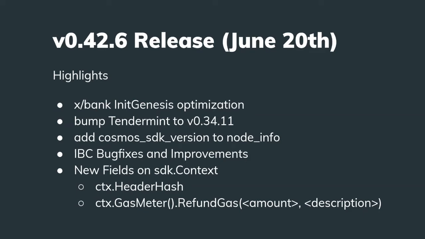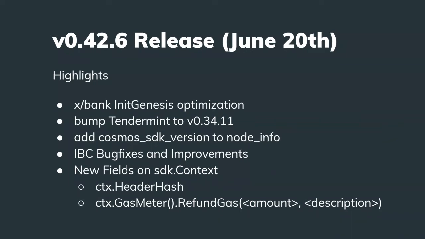And then also a couple updates in terms of the SDK context, including the addition of two fields, context header hash. This adds the current block header hash obtained during an ABCI request begin block. And then also context gas meter RefundGas adds support for refunding gas directly to the gas meter.